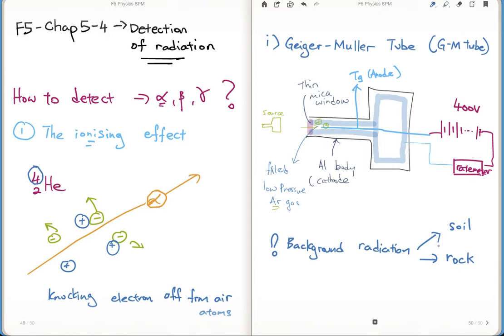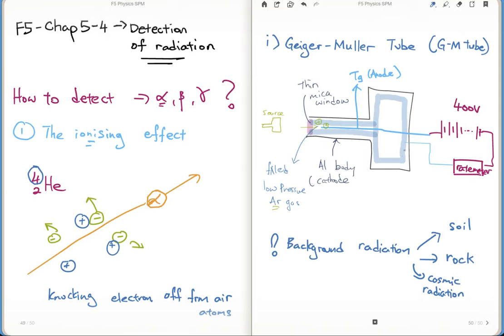They do emit radiation, but the dose is very, very low. You will be able to hear some clicks, and perhaps in the morning you will be able to hear cosmic radiation from outer space, or from the sun, which also emits energetic particles.